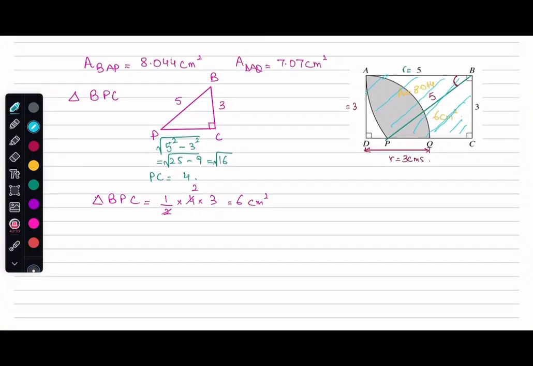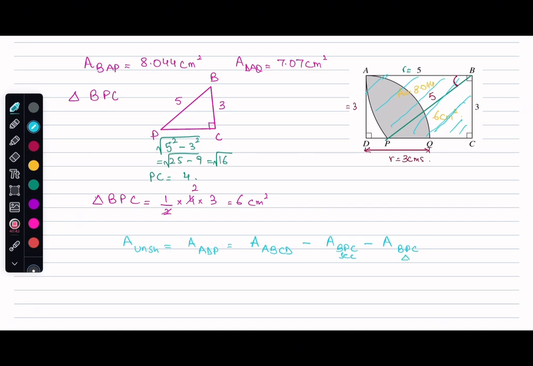For the unshaded area ADP, it is going to be the area of the rectangle ABCD minus the area of the sector and minus the area of the triangle BPC.